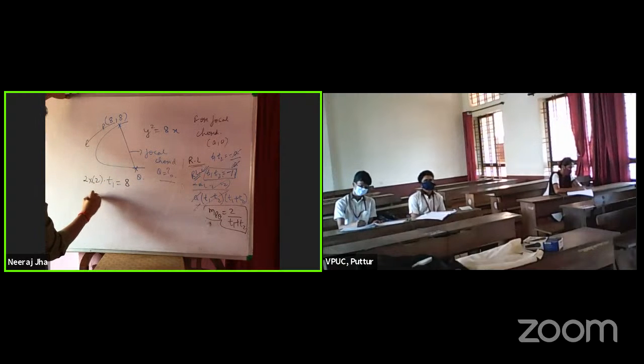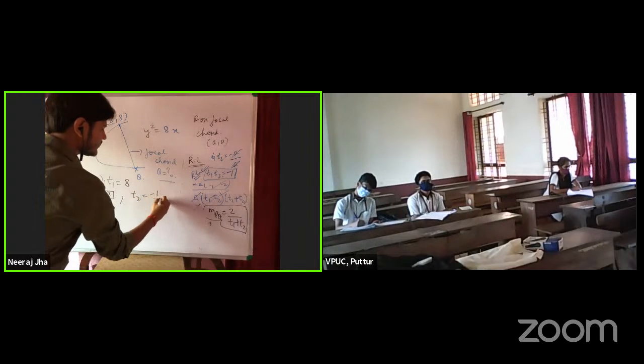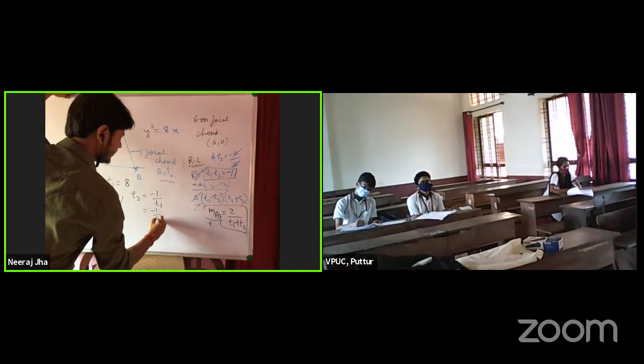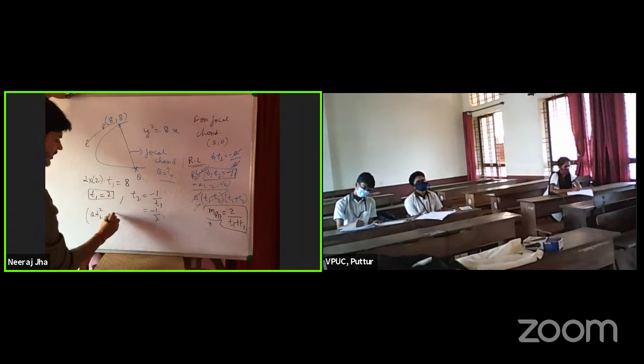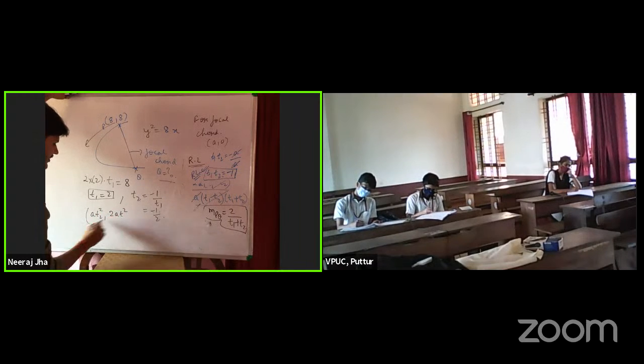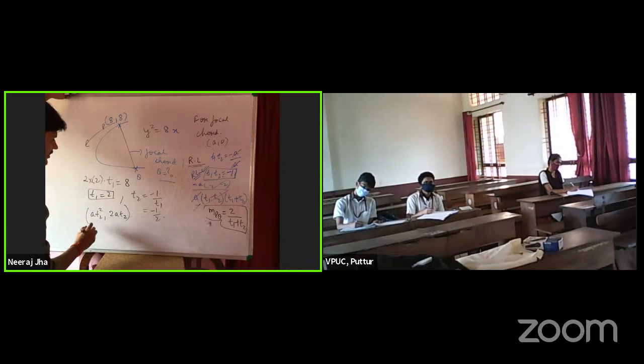So t1 is equal to 2. Therefore T2 is equal to minus 1 by T1, which is minus 1 by 2. So this point will be A into T2 square comma 2A T2.